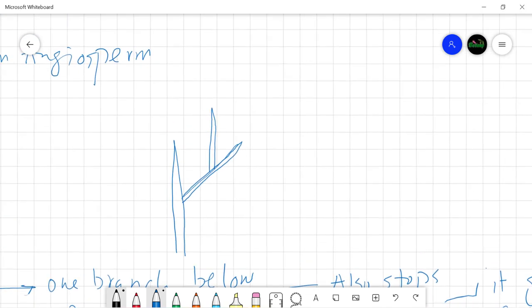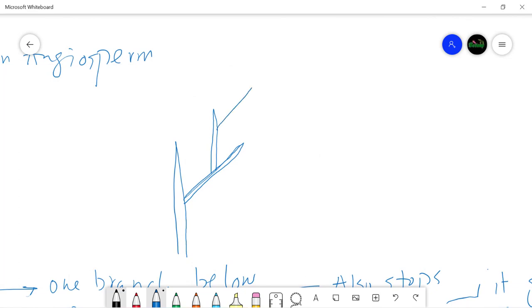So let's go back to this diagram, and as you can see this pattern is then repeated, and what we get is a zigzag pattern, one branch on the right, next on the left, then right, then left, then right. So this pattern of branching is repeated.